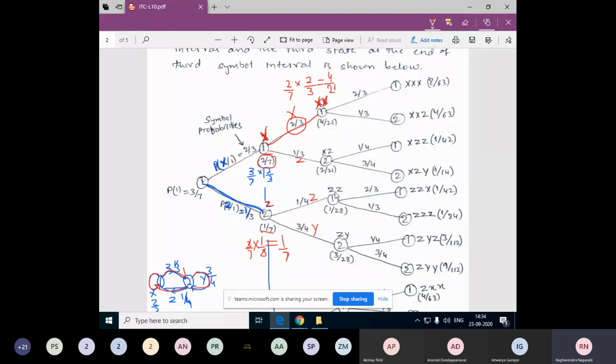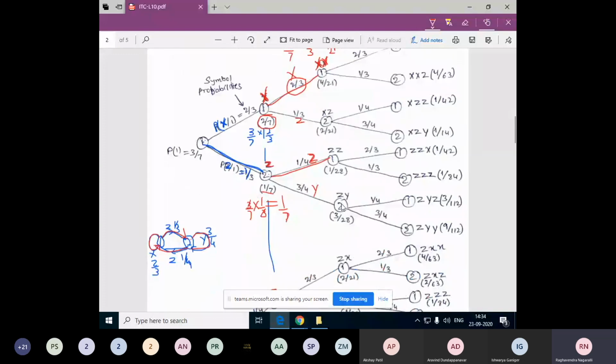Similarly, what is the symbol at the end of this state? Already here we have Z. During this transition, again Z is emitted. So the symbol at the end of this state is ZZ. The final probability is 1 by 7 into 1 by 4, so it is 1 by 28.